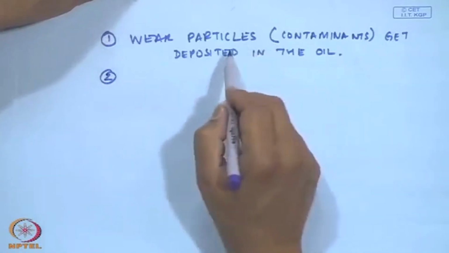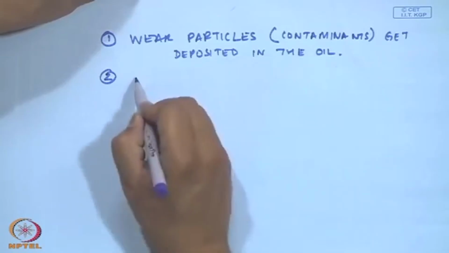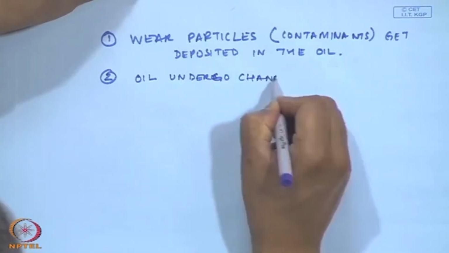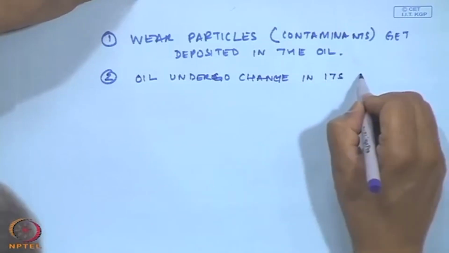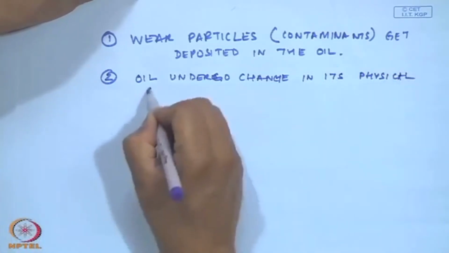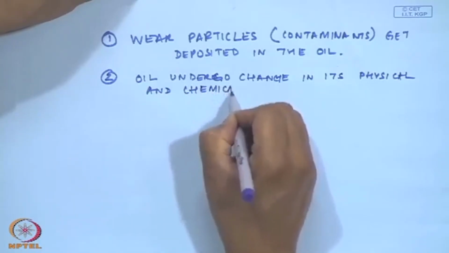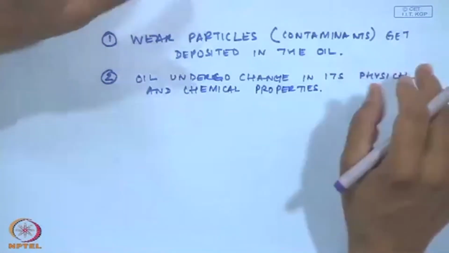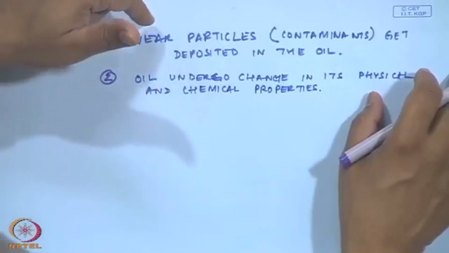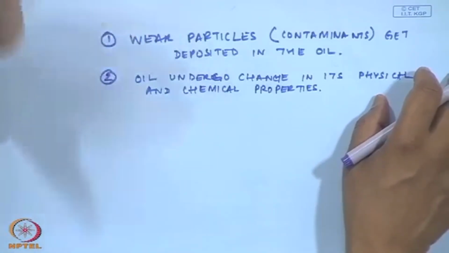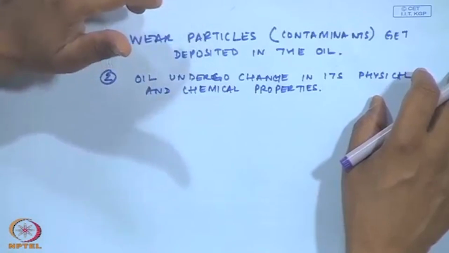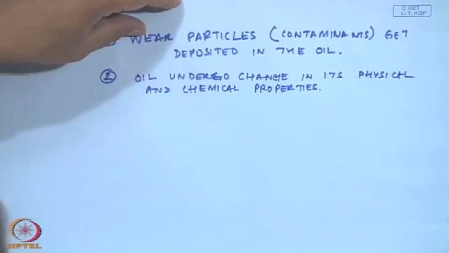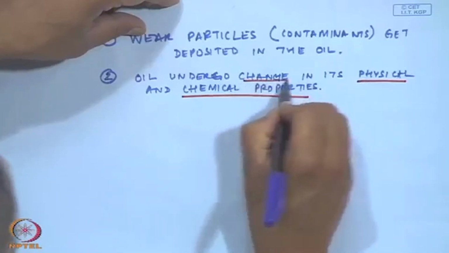The next thing that happens is, once these wear particles get deposited in the oil, the oil will undergo a change in its physical and chemical properties, because the virgin oil, by which I mean the oil which was new and has not been used in a machine, has certain physical properties like its density, its viscosity, its oxidation number, etc. Once these contaminants get deposited in the oil, its properties are going to change.